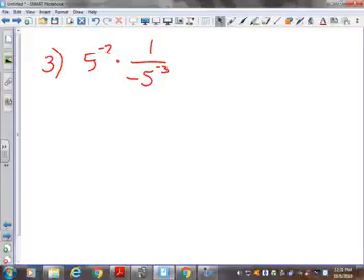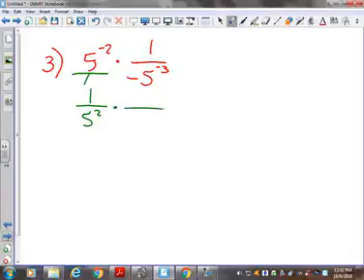So let's look at each individual piece, one piece at a time, to see what happens. So what should I do about 5 to the negative 2? All right. We're going to move it down because if there's a 1 under there, it just moves across the division line. What am I going to do about this one? Move it up. That's right. If it's on the bottom, you can move it up, and it becomes to the positive 3 power.